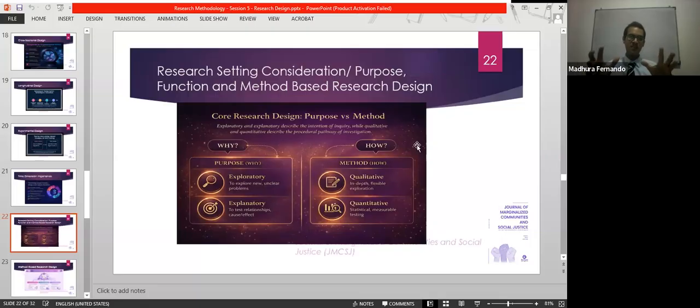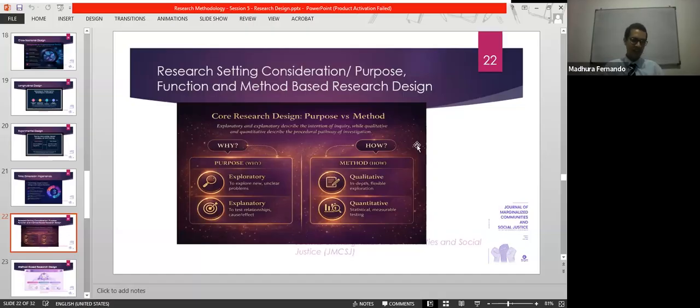So qualitative design is also a research design, and quantitative design is dealing with statistics, surveys, formulas, measurable variables. That is quantitative. That is how you do the research. That is the method. So there are two types of research designs: purpose based and method based, right?